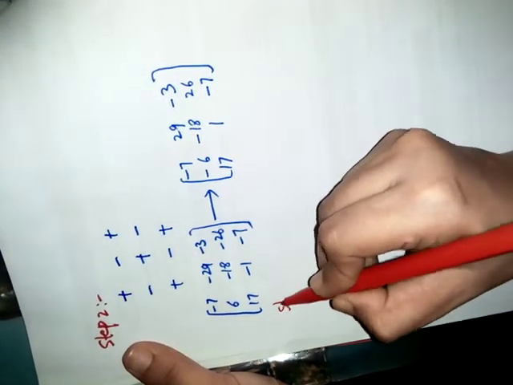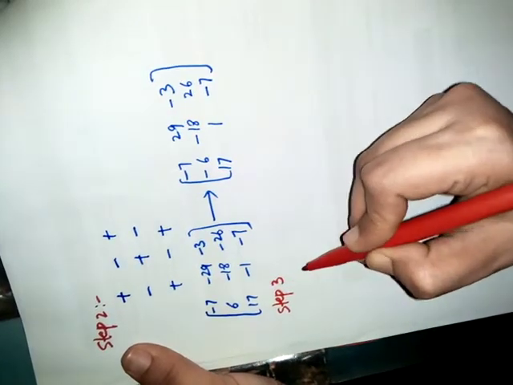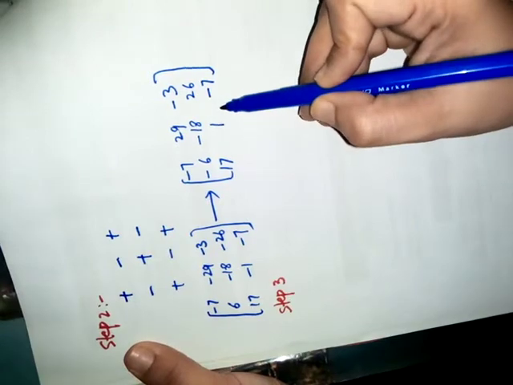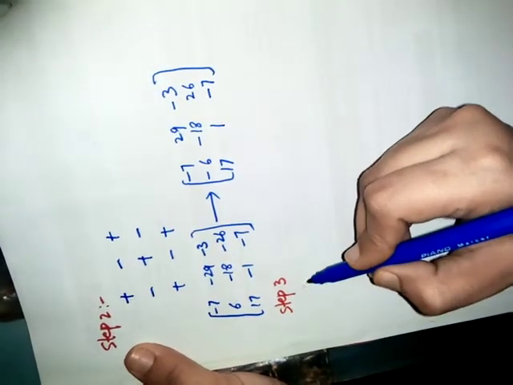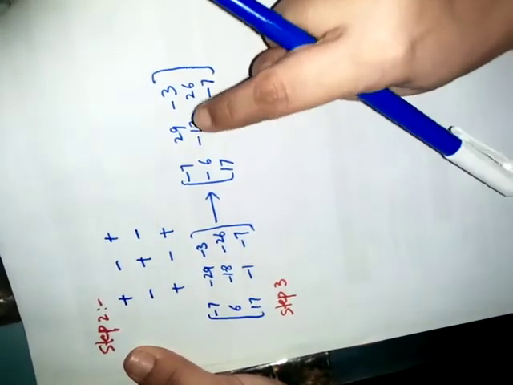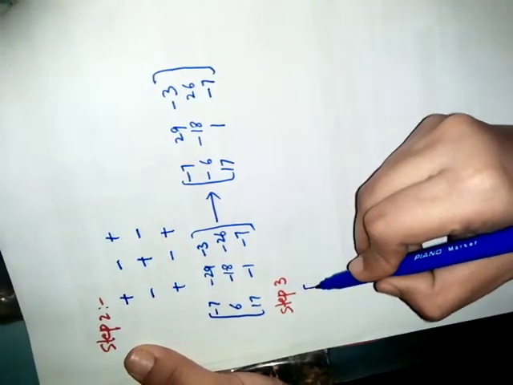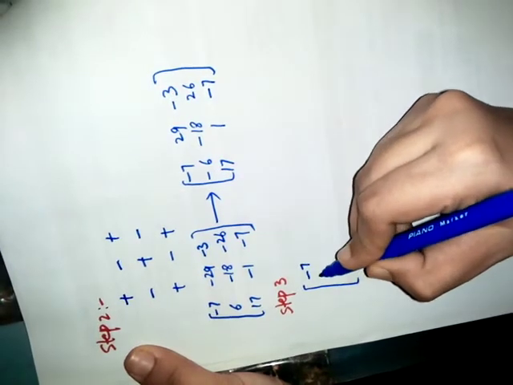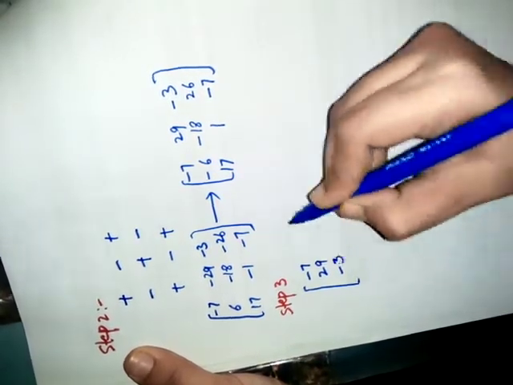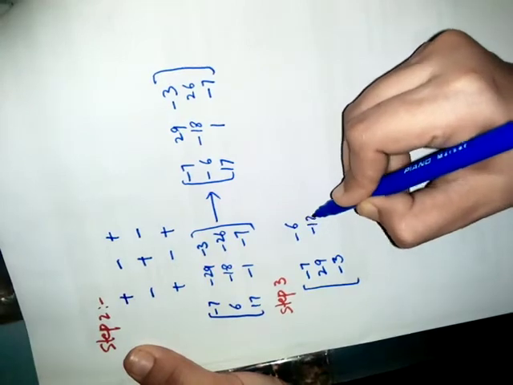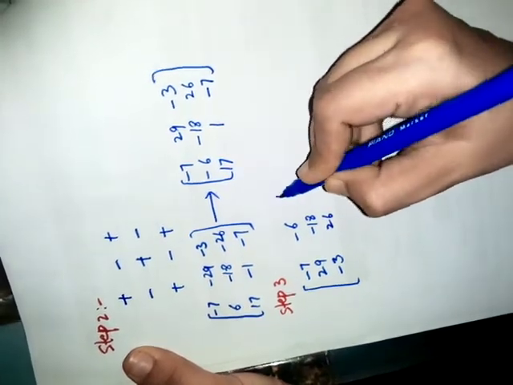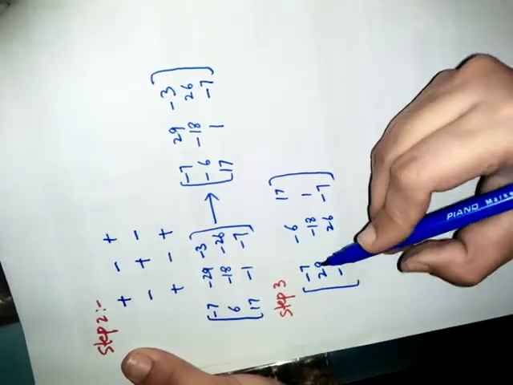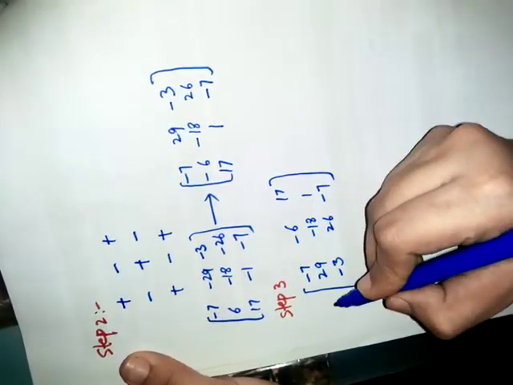Step 3. In step 3, take transpose of this matrix. In transpose, we change rows to columns. The first row will be the first column: minus 7, 29, minus 3, minus 6, minus 18, 26, 17, 1, minus 7. This is called adjoint of matrix A.